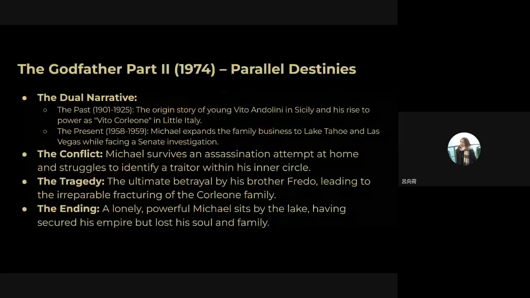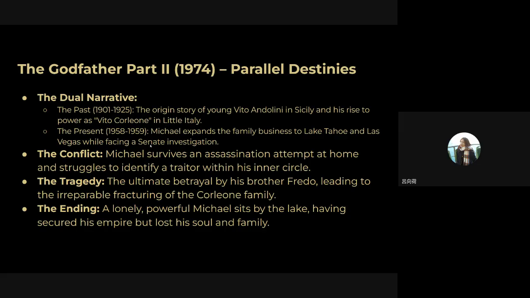The second episode of The Godfather was released in 1974, and it used a dual narrative to illustrate the movie. One line is about the young Vito Corleone, Michael's father, and how he rose in America.